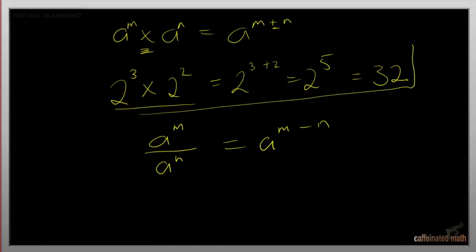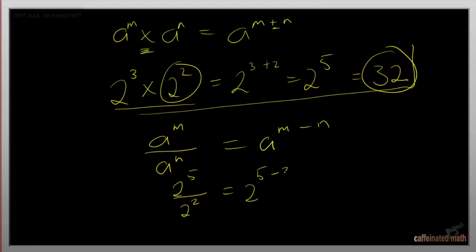Let's say we have 32 divided by 4, we know to be 8, but our exponent law should give us the exact same thing. So that should be 2 to the power 5 divided by 2 to the power 2, which is just 2 to the power 5 minus 2, which is 2 to the power 3, which we know to be 8. So again, just from reverting from the generalization to a specific example, we can see these things to be exactly true.